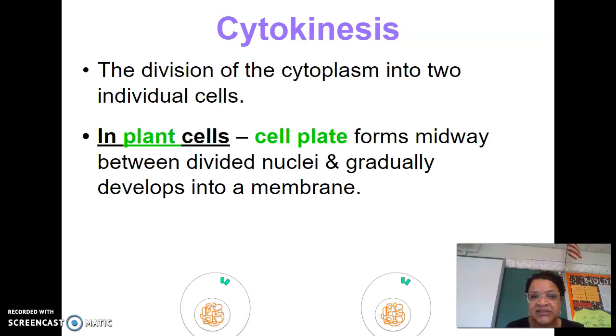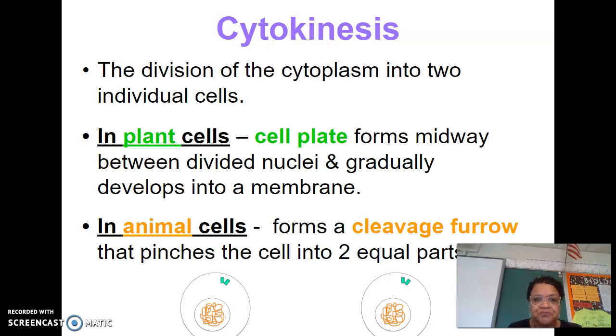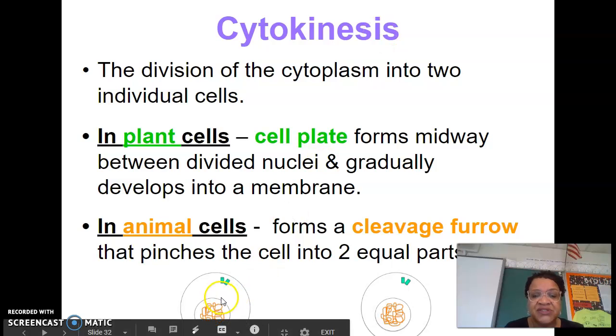And lastly, cytokinesis, that's a division of the cytoplasm. In plant cells, we call that a cell plate. And in animal cells, we call it a cleavage furrow. In cytokinesis, you have the result of mitosis, two 100% genetically identical cells.